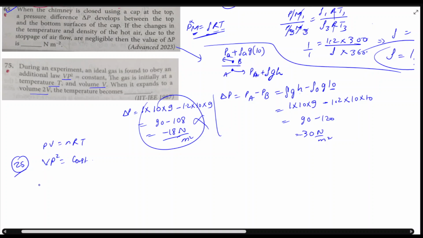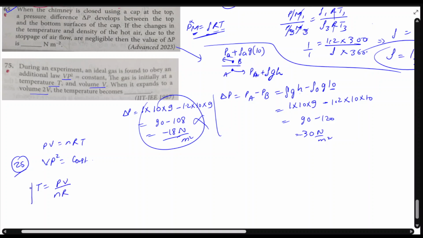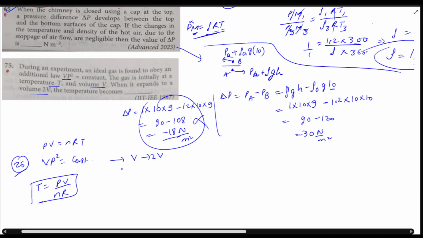So initially the temperature was PV divided by nR. Okay, now the volume becomes 2V. If volume becomes 2V, then we will have 2V P dash square equals V P square, right? So this will get cancelled. So P dash will be P by root 2.